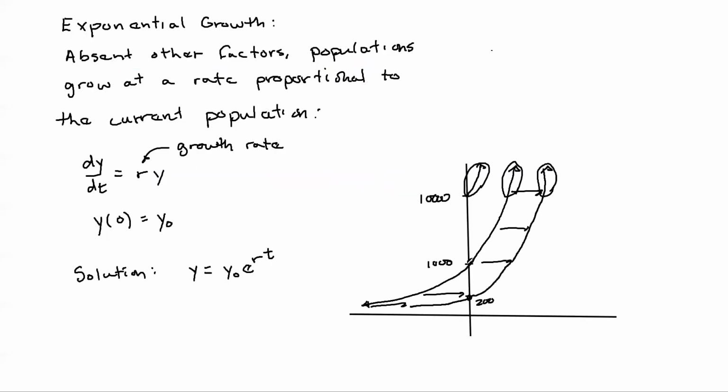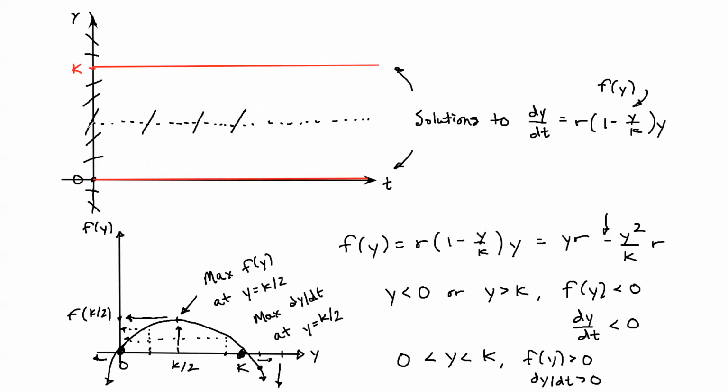So if you have 1,000 mice here and you have 1,000 mice here, then it's going to behave the same, right? So the same thing is true in our picture. If this is where the 1,000 mice is, if this is the slope at 1,000 mice here, then we're going to have the same slope at 1,000 mice here, even if we started with less. Or here.